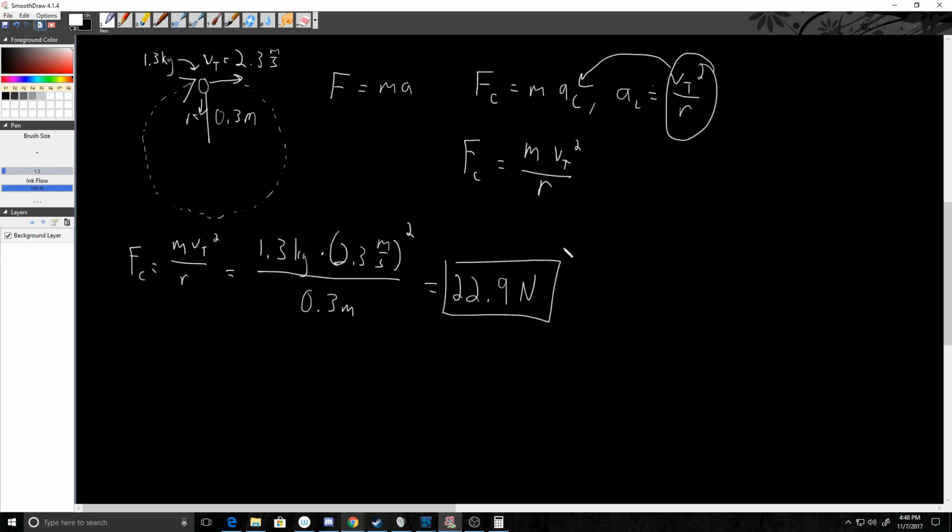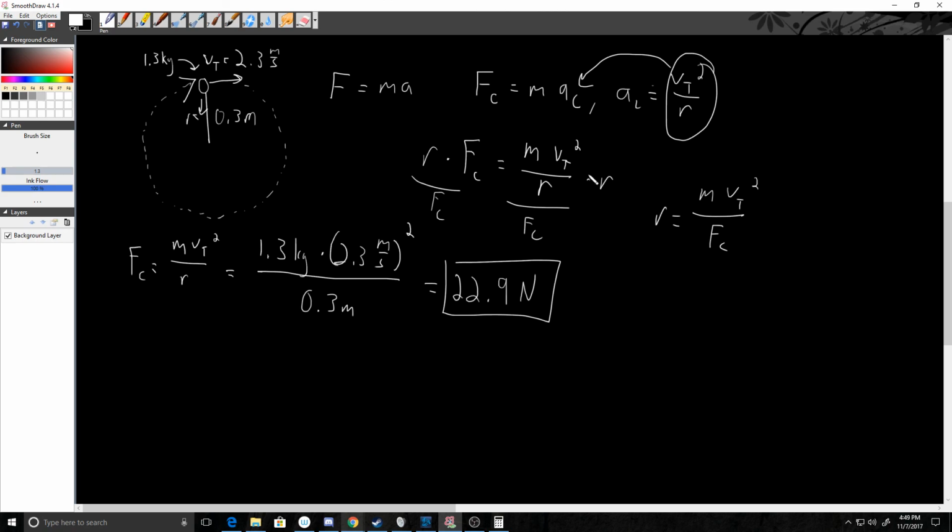And keep in mind, if I'm looking for a radius, let's say I know the centripetal force, the mass, and the tangential velocity. If I'm looking for r, I would multiply both sides by r and divide both sides by centripetal force. I would find that the radius is equal to mass times tangential velocity squared divided by centripetal force.